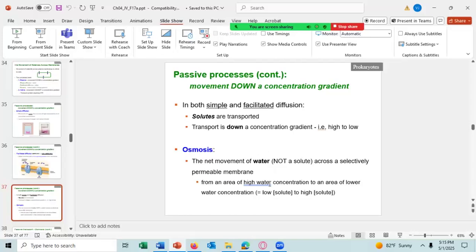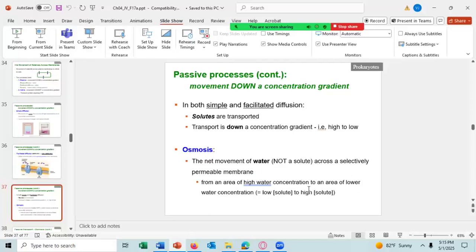Now, realize that the tonicity is not defined by the concentration of water. It's defined by the concentration of the solute in the water. And wherever the water is higher, then the solute concentration will be lower. And wherever the water is lower, the solute concentration is higher.